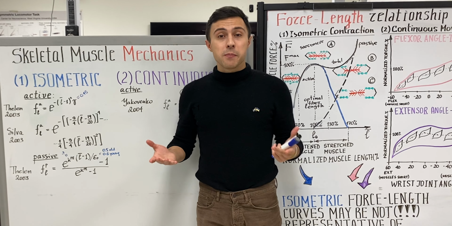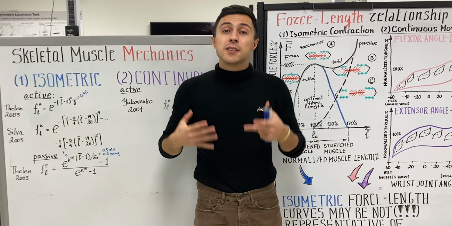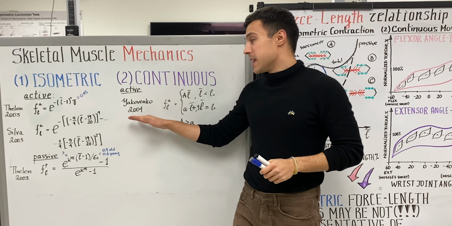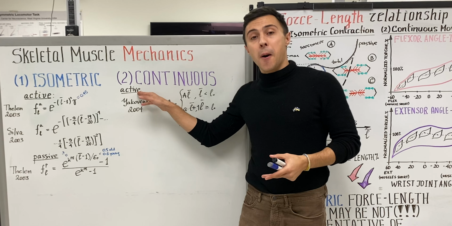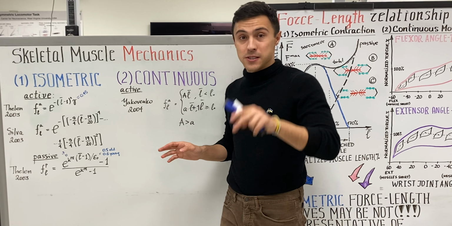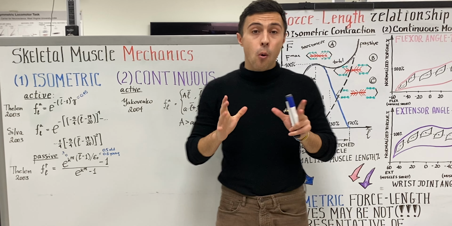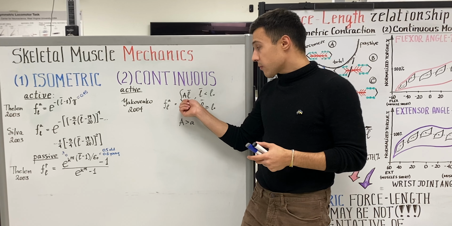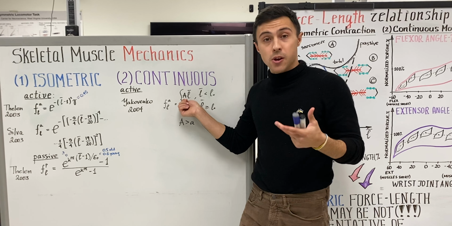One of the first papers that got rid of that descending limb in the force-length relationship, which we now know is not really representative of continuous movements, was published by Yakovenko in 2004, where he proposed to model the active part of the force-length relationship with two lines. There are two conditions here. For the length lesser than L naught, our optimal fiber length, we model the relationship by multiplying the normalized muscle length by this constant.